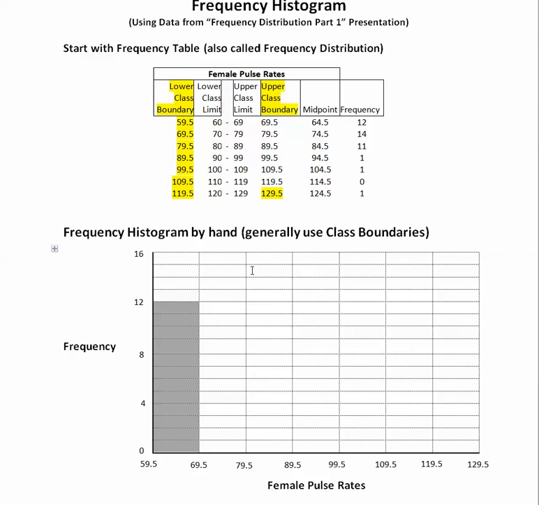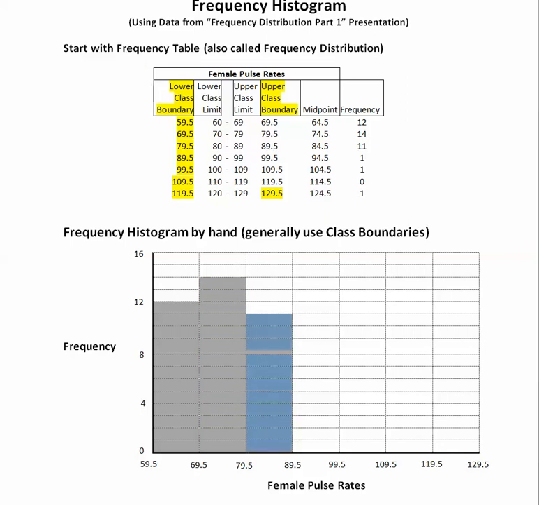For our second class, the frequency is 14. So I'm going to shade that in. Our third class, the frequency is 11, and that goes to here. I'm going to shade that in. The fourth class, the frequency is 1. So that's right there.